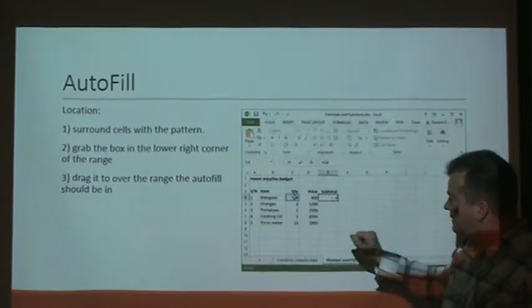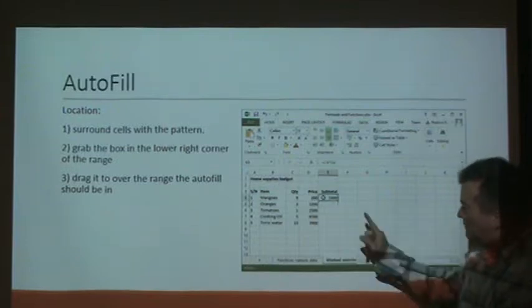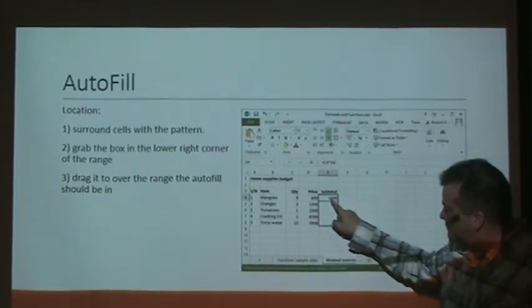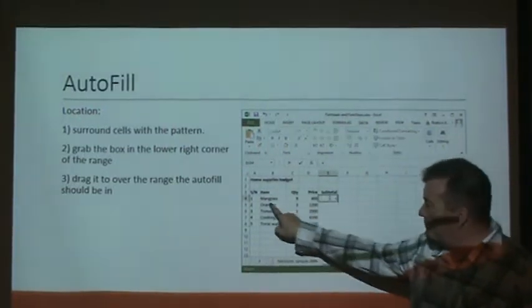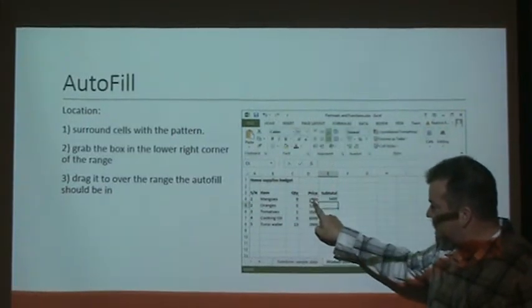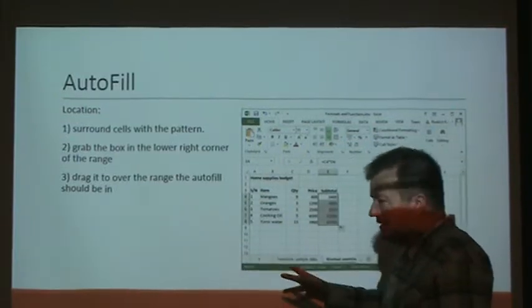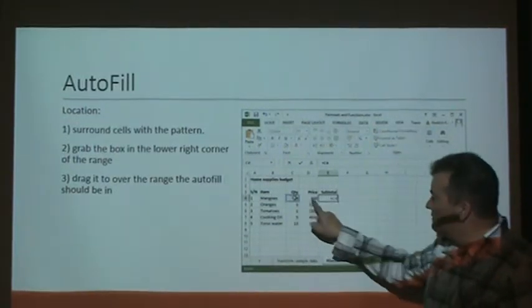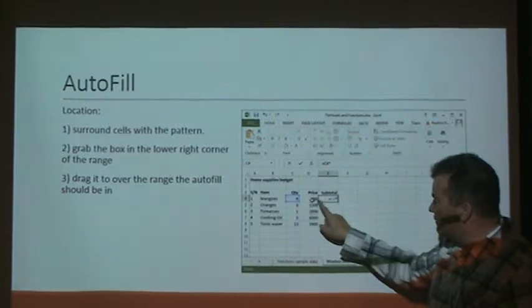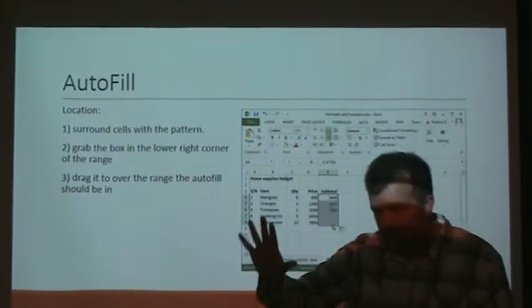C4 times D4 is 5,400. So that's what this animation is doing. Now, if I want to know how much value of mangoes I have, I can say 9 mangoes times, I guess this is not $600 a mango, this must be $6 a mango. 9 times $6 for mangoes, I have $54 worth of mangoes in my inventory.